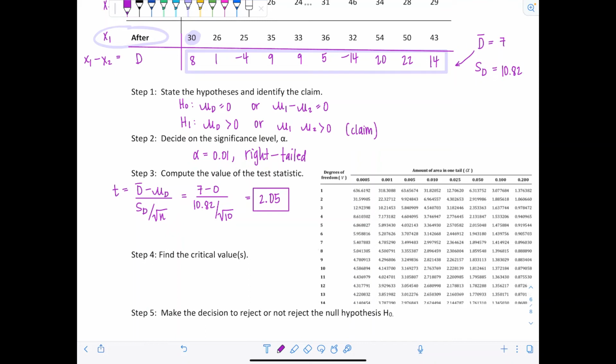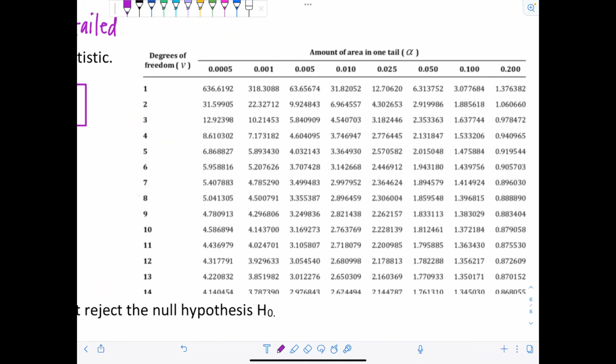Okay, step 4 asks us to find the critical value. And I wanted to show you how we used to do it with the table back in the day. So degrees of freedom are equal to n minus 1. So remember, we had 10 pairs. Minus 1 is 9, and then alpha was 0.01, right? So you bust out that student T distribution. I have a screenshot of just the piece that you would need.